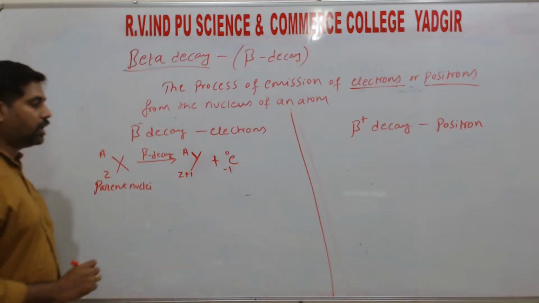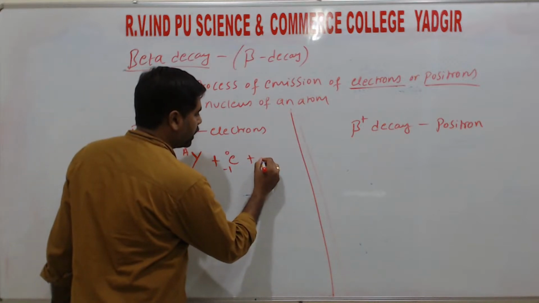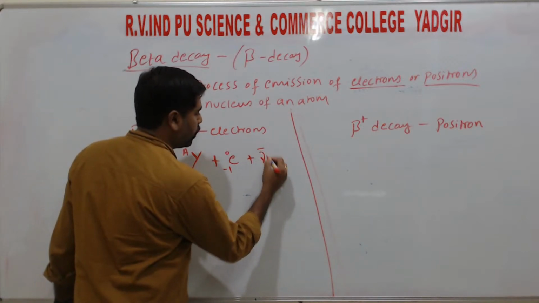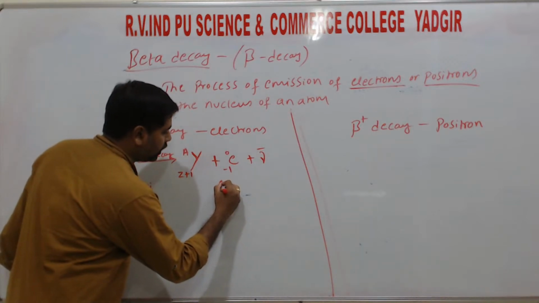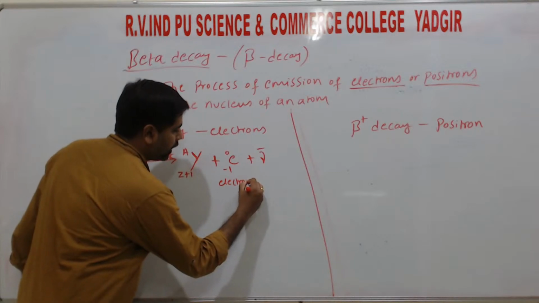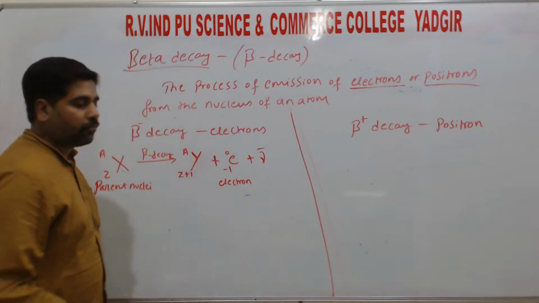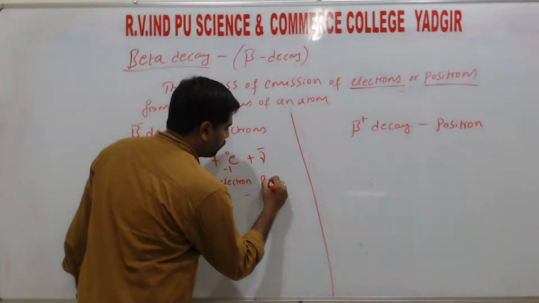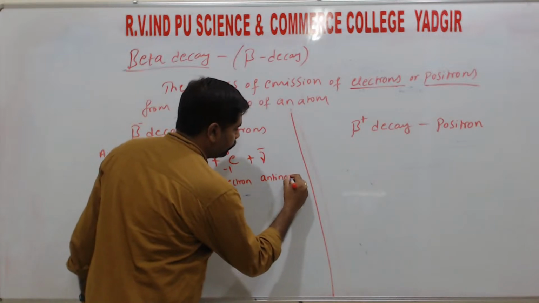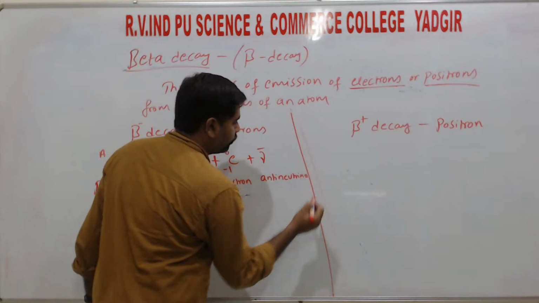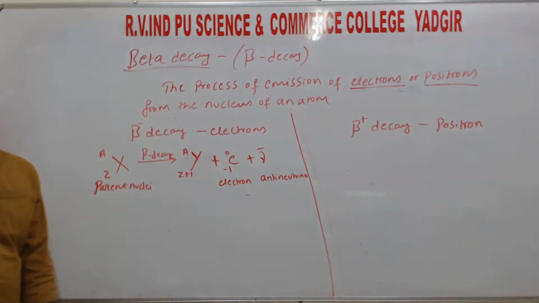Along with this electron, we have one more particle, that is the anti-neutrino, right?